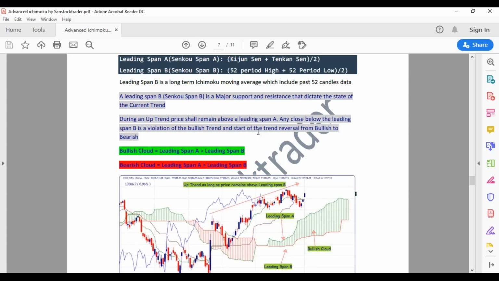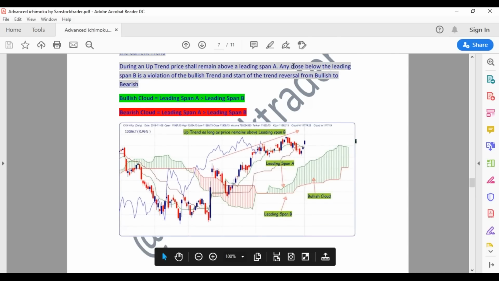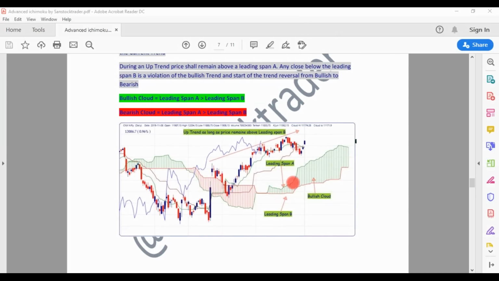When we say bullish cloud, it means leading span A is greater than leading span B. So here one can see this above green line is nothing but leading span A, and the red line below is span B. One can see that span B reacts very slowly, and there is a reason for that, because span B is the component that considers the biggest data, 52. 52 is the biggest number in the Ichimoku trading system, and that is why span B moves slowly, because it is taking into consideration the last 52 candles.